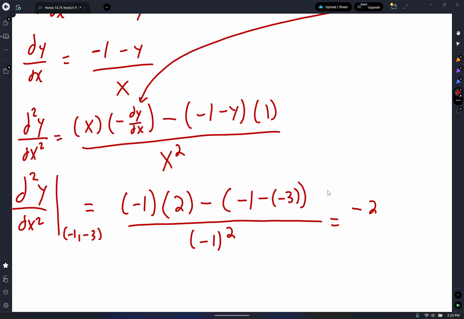So I see -2, let's see, -1 minus a -3, that says a 2 again, minus that 2 again over 1. So I see -4. Let me know if I made any mistakes. Yeah, -1 minus a -3, that is 2. So minus that -2. Minus that 2, sorry.